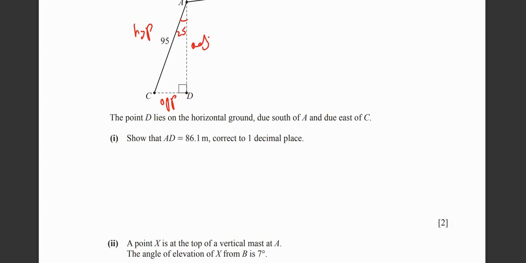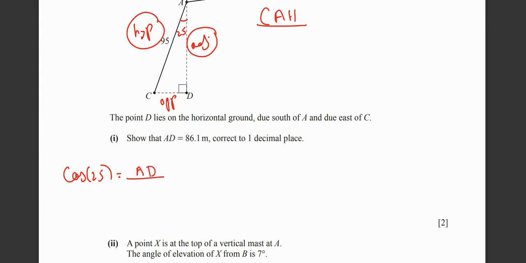We need to show AD, which is adjacent. We already have hypotenuse, so this comes cos, adjacent upon hypotenuse. So cos 25 is equal to adjacent, which is AD, upon hypotenuse, which is 95. AD is equal to cos 25 multiplied by 95.